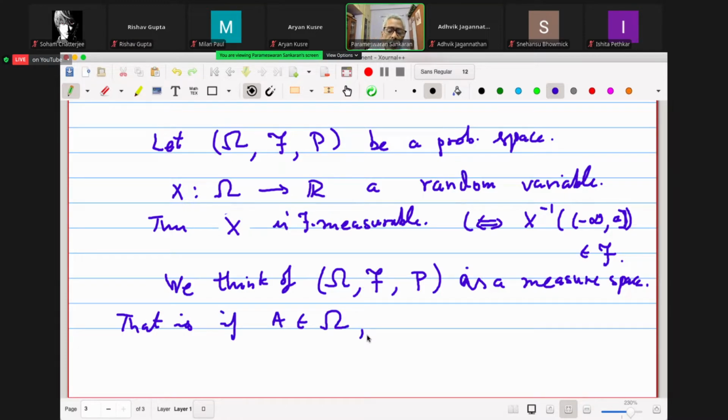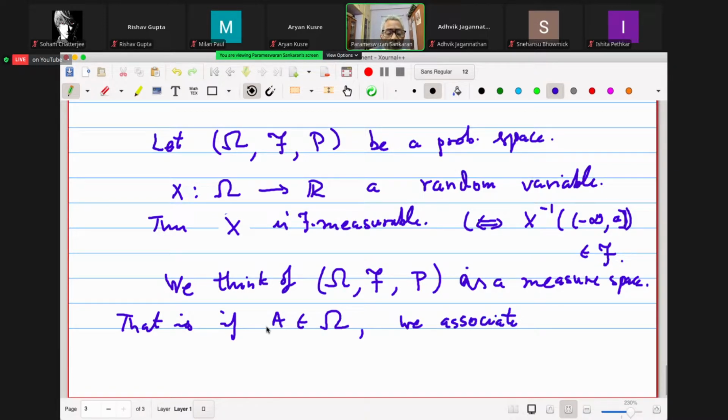But Omega is an abstract space, a set, F is some collection of subsets, and P is some association involving them. But that's exactly what you want, that is, we associate.